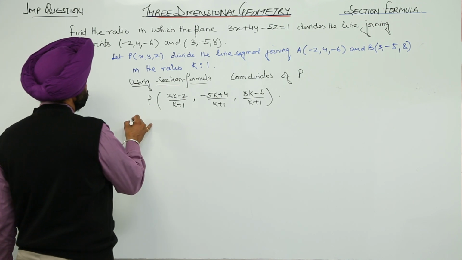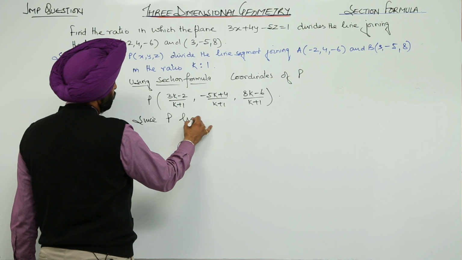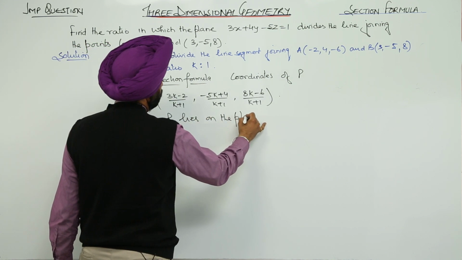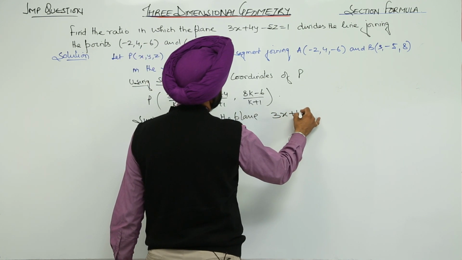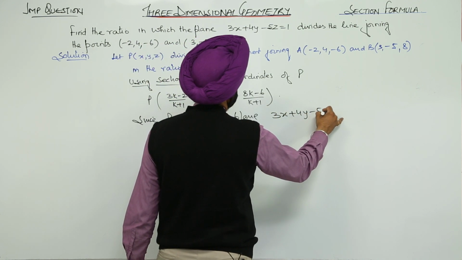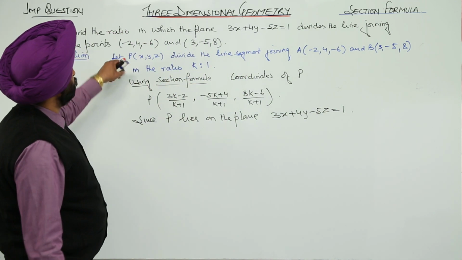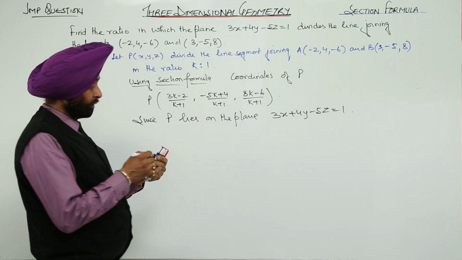Now, since P lies on the plane, it is given 3x + 4y - 5z = 1. Okay, we have just supposed a point P, so we are writing since P lies on the plane.